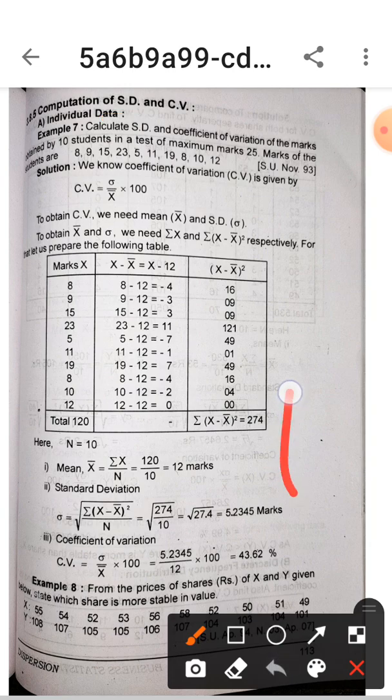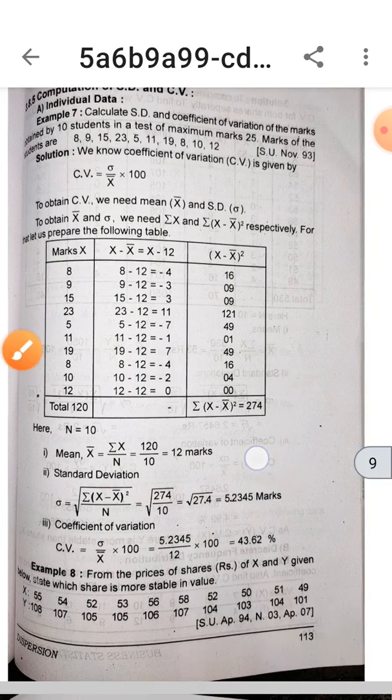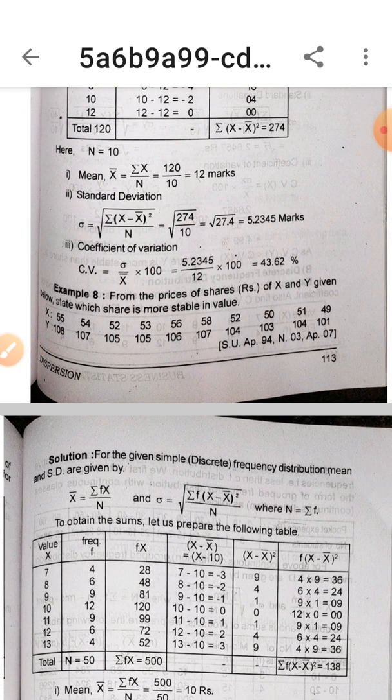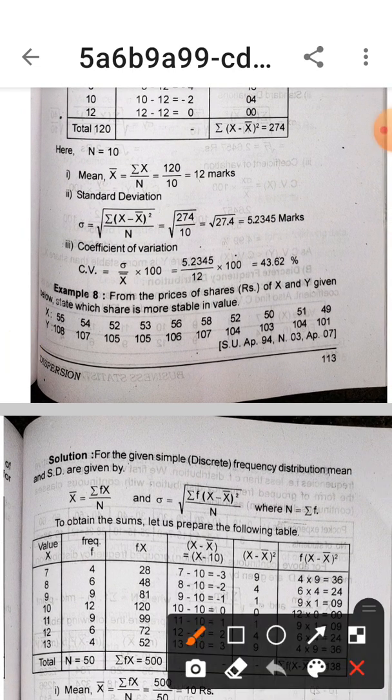Okay, then calculation of coefficient of variation. Okay, or coefficient of variance. Okay, it is denoted by CV, which is equal to sigma upon mean into 100. What is the sigma in that distribution? That is 5.23. Mean is 12 marks, multiply by 100.